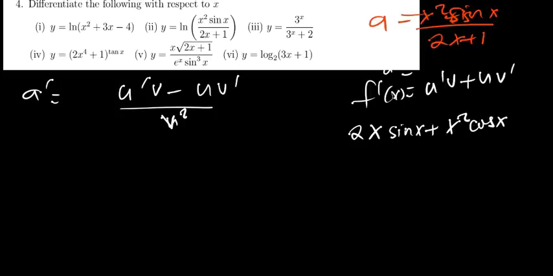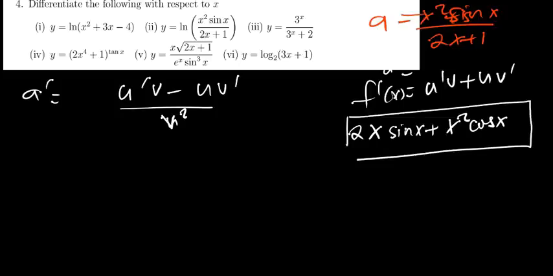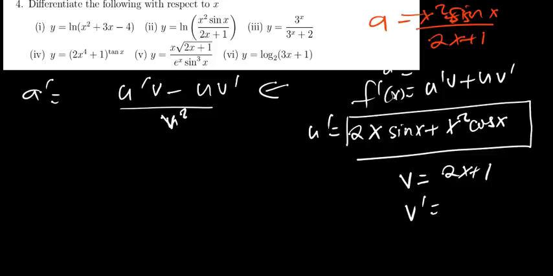Now that's the derivative of the top part. When I come back to this formula, that is my u prime. That would mean my v is 2x plus 1. My v prime is just 2.